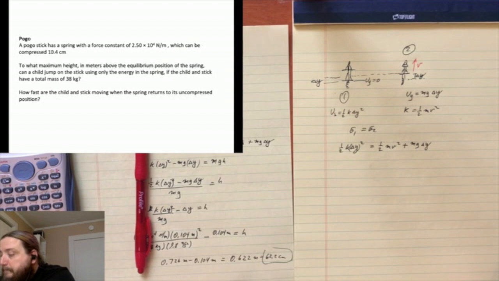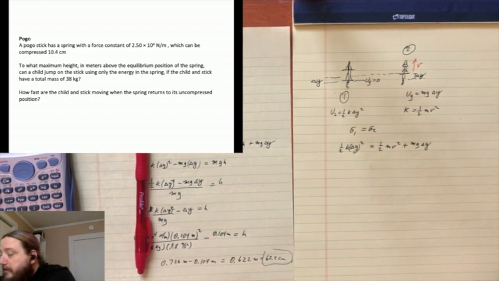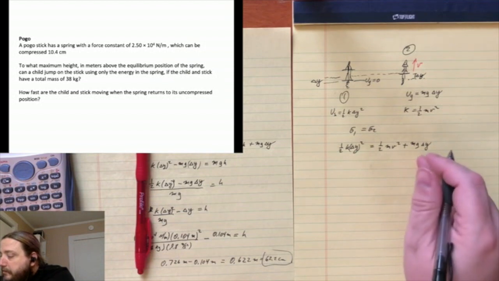plus a little bit of gravitational potential energy, mg delta y. We're solving for velocity, so let's go ahead and move the potential energy term over to the left.